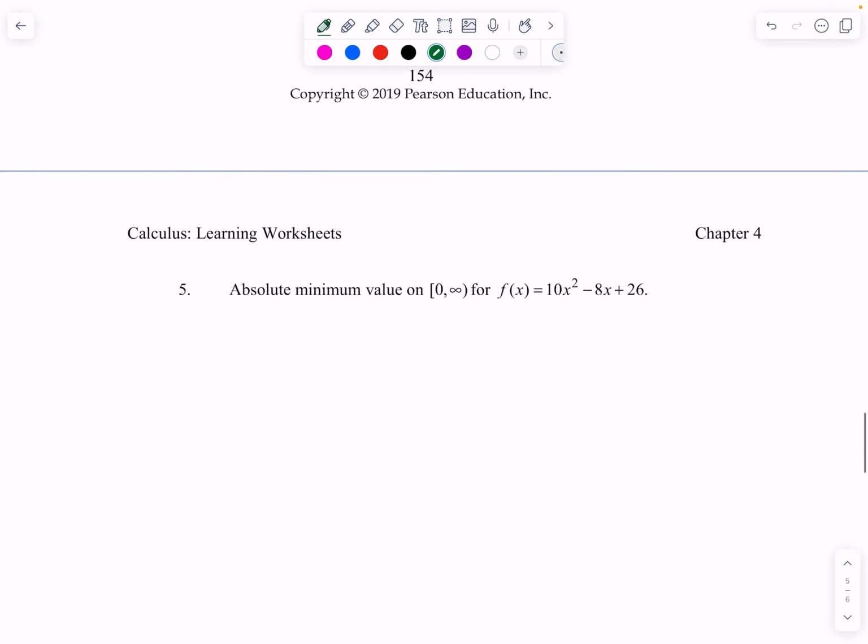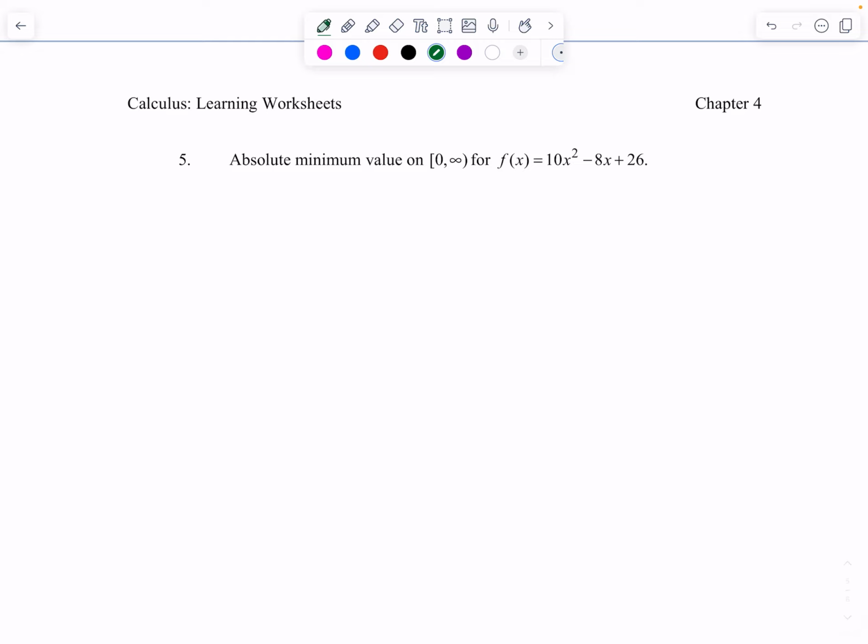Okay. We want to find the absolute minimum value on the interval 0 to infinity for f of x equals 10x squared minus 8x plus 26. Our critical values: derivative of 10x squared, 20x, derivative of negative 8x, negative 8, derivative of 26 is 0. When this is equal to 0, 20x equals 8, x equals 8 over 20.